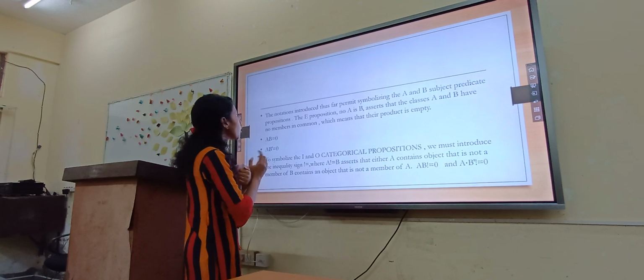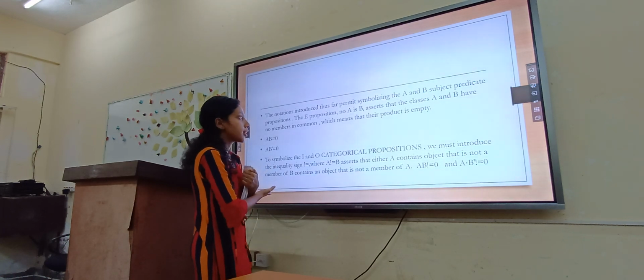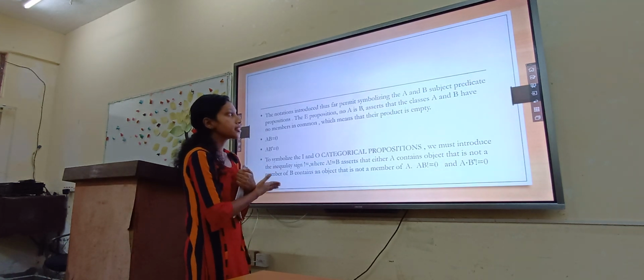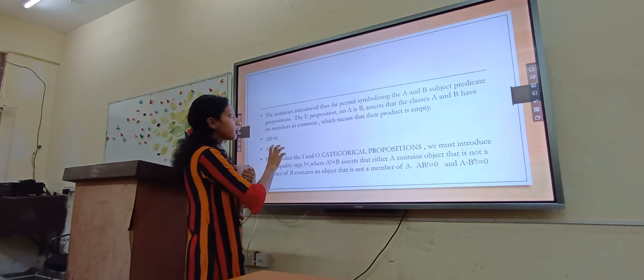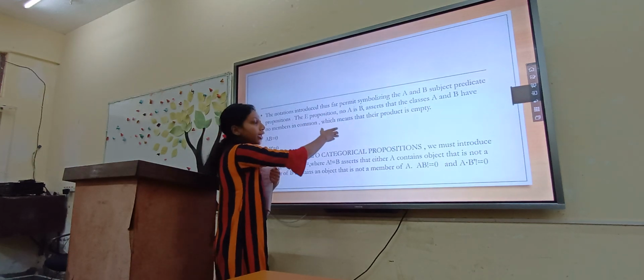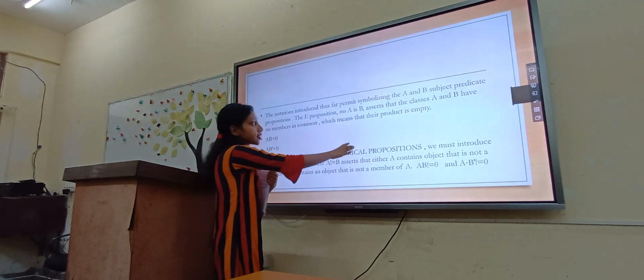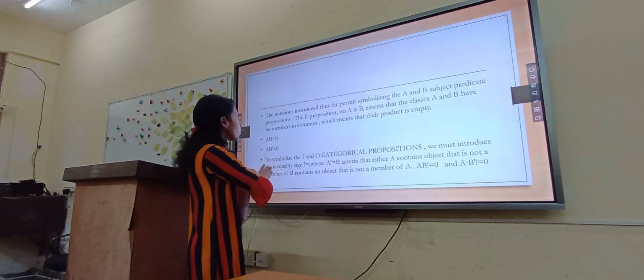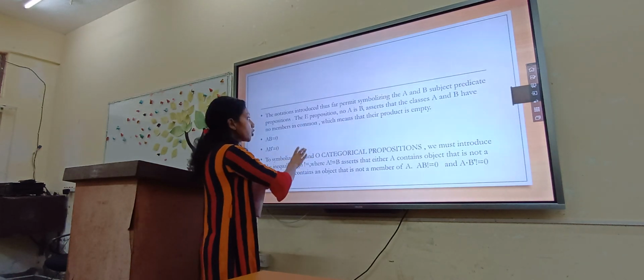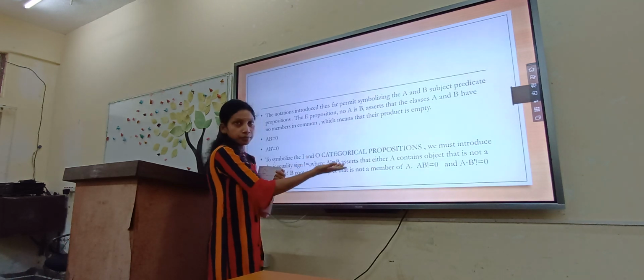The notations introduced thus far permit symbolizing the A and E subject-predicate propositions. The E proposition, no A is B, asserts that the classes A and B have no members in common, which means that their product is empty.